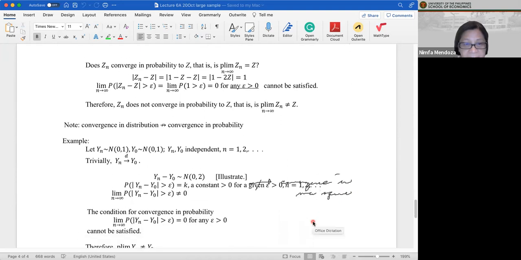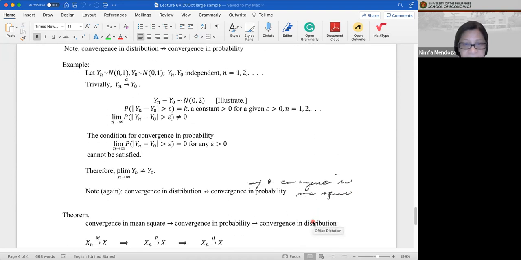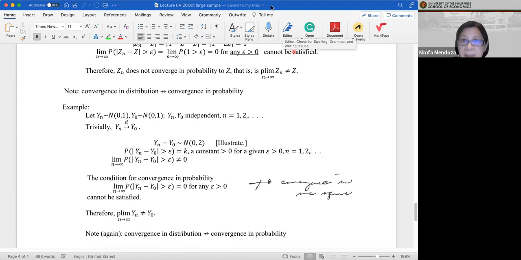Let's have another example. Suppose Y sub n is standard normally distributed, mean 0, variance 1, and Y sub 0 is also normally distributed with mean 0, variance 1. So both random variables have the standard normal distribution.